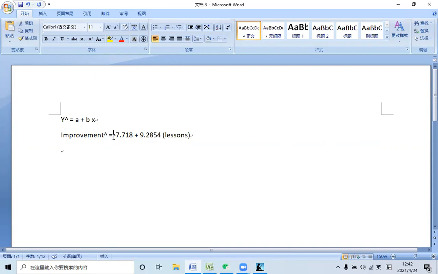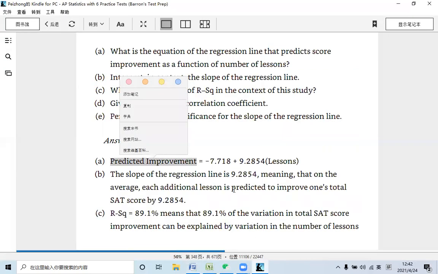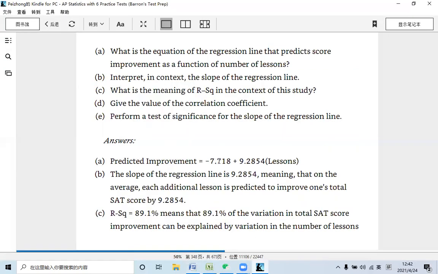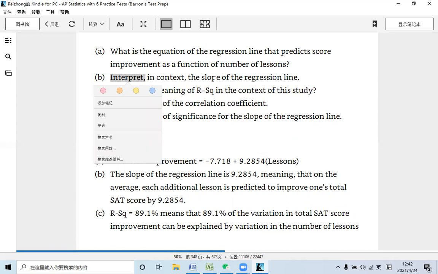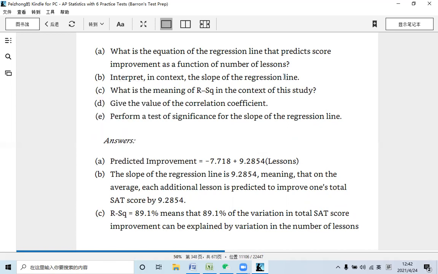Equals negative 7.18 plus, this is the slope. This is an intercept, the slope. All right, you got the predictive formula. And then what's your interpretation in context of the slope of the regression?